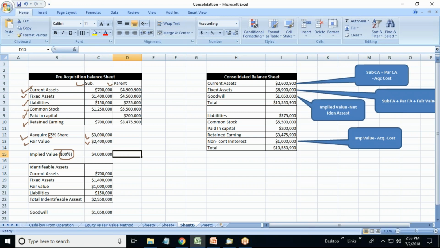Second, we need to calculate the net identifiable assets so that we can calculate the goodwill.